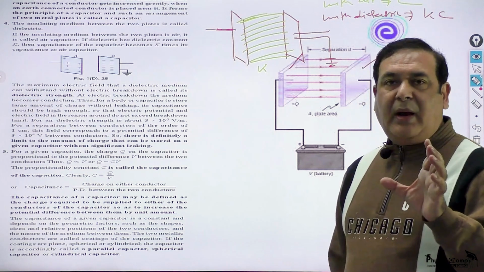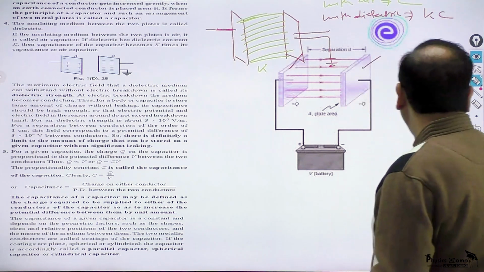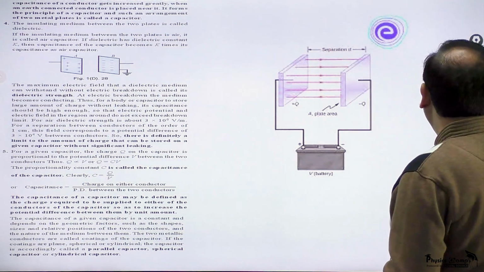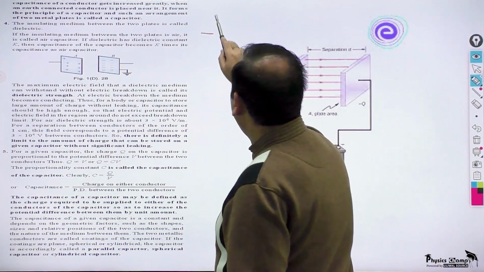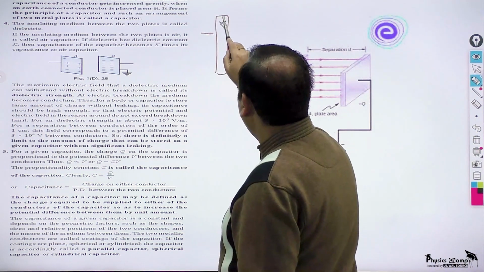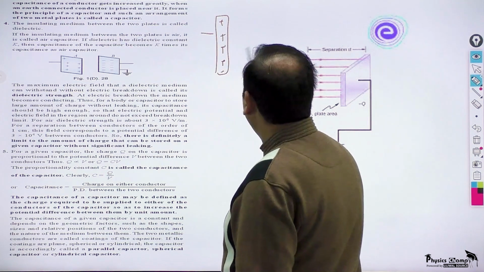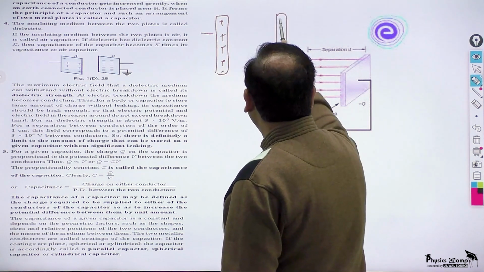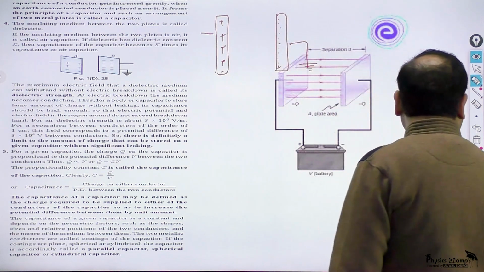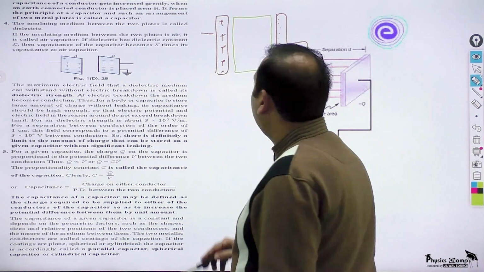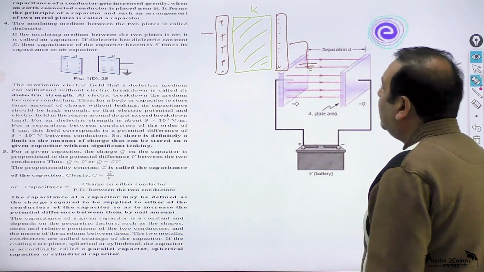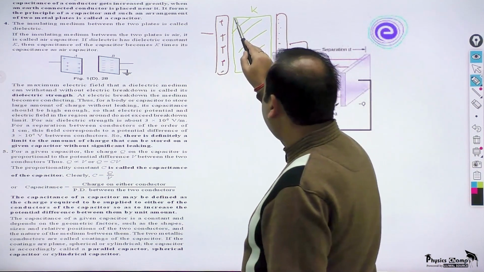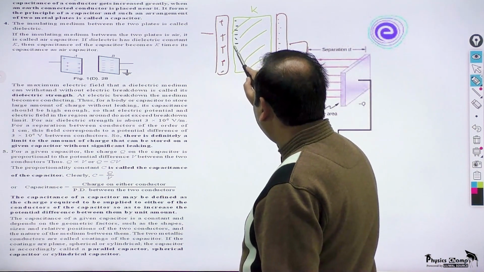Now, how did it happen? In order to understand that, I would just take the simplest idea of this. Say you have this first plate A and here you have second plate B. Once you fill the dielectric of constant, say K, then in the dielectric also there is induced charge. That induced charge is minus here and plus here.